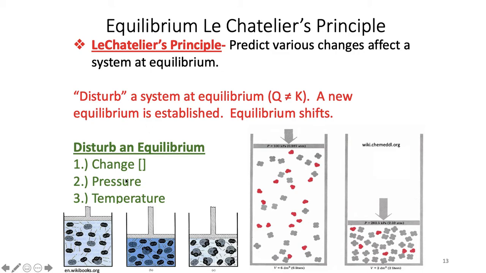So if I'm adding a reactant, my equilibrium is going to shift in the direction that decreases the concentration of the reactant I just added. If I remove my reactant, the equilibrium is going to shift in such a way that it makes more reactant, because it goes in the opposite direction of the change I introduced. Let's look at some examples.